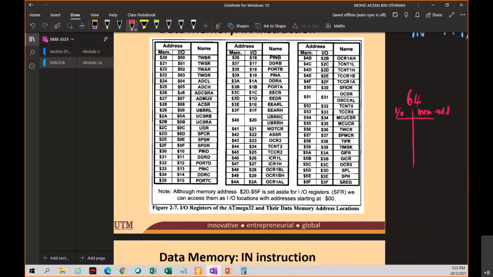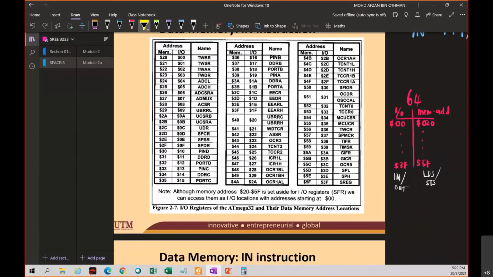Untuk IO address, starting address dia adalah daripada 0x00 sampailah 0x3F. Manakala untuk memory address dia starting from 0x20 sampailah 0x5F. Okay, berbeza ya. Yang ini IO address kamu boleh pakai in ataupun out instruction. Yang ini kamu boleh pakai LDS ataupun STS instruction.